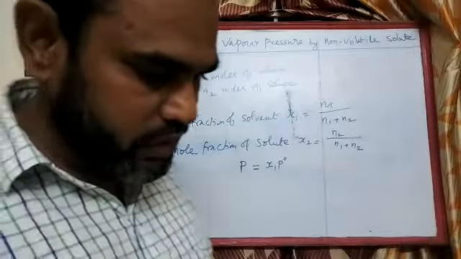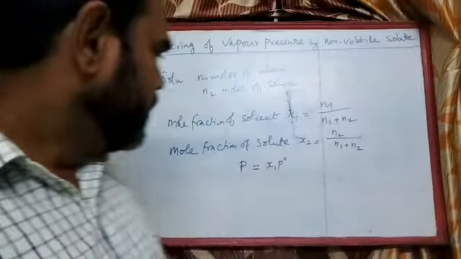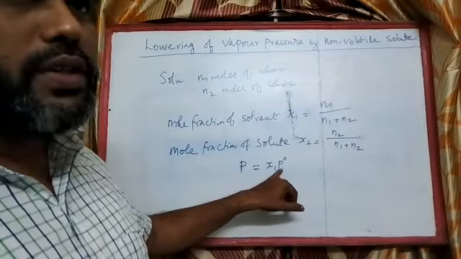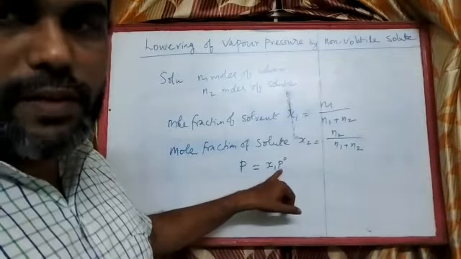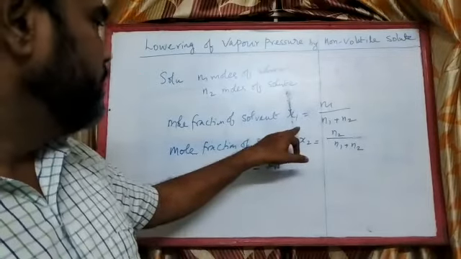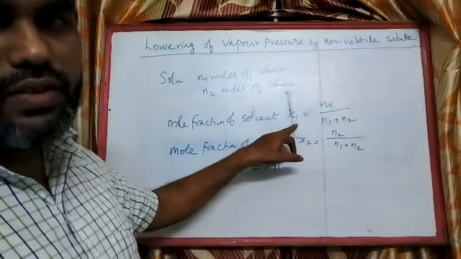Here P1 is the vapor pressure of the solution, P0 is the vapor pressure of the pure solvent, and x1 is the mole fraction of the solvent.